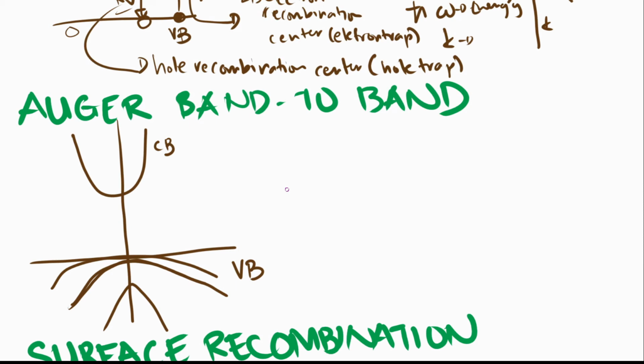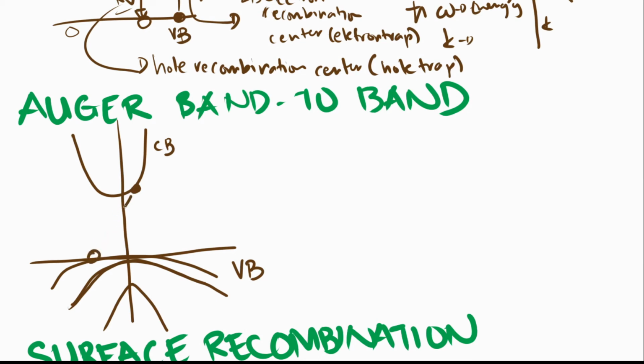For all three of these recombination mechanisms, they start with the recombination of an electron, let's say this electron, with a hole in the heavy hole band.